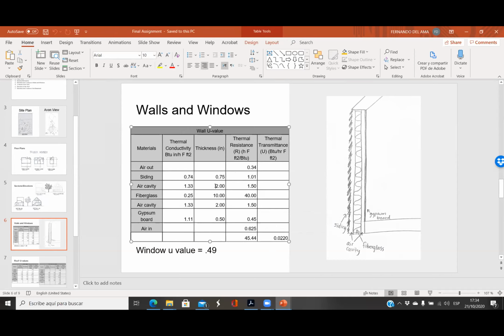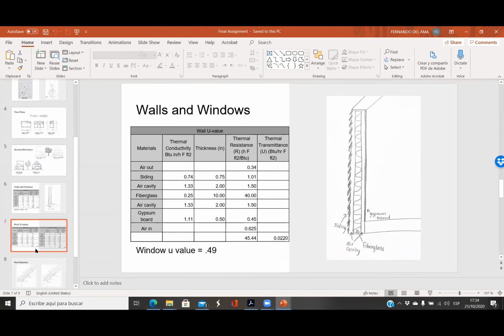You can fill the outdoor one with EPS and the indoor one with fiberglass. So this is the first option with air, and then the second option will be EPS here and fiberglass here. So you will increase the R value and decrease the U value.